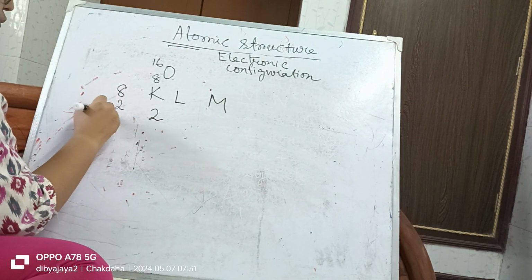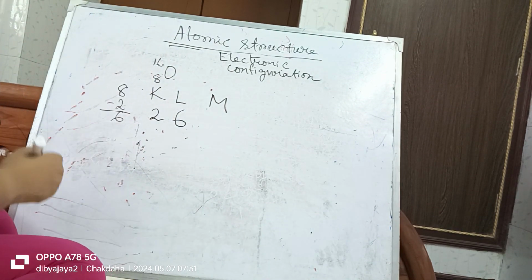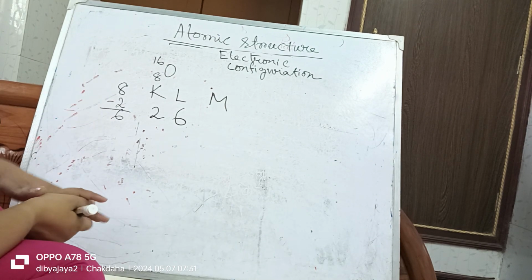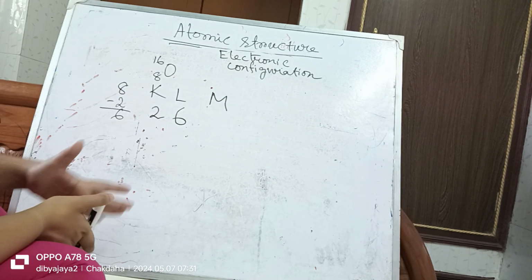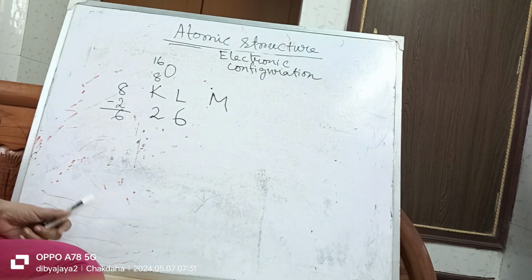Then 8 minus 2, that is 6 electrons. Easily 6 electrons can stay in the L shell, because the maximum number of electrons that can stay in the L shell is 8. So 6 electrons can stay very easily.